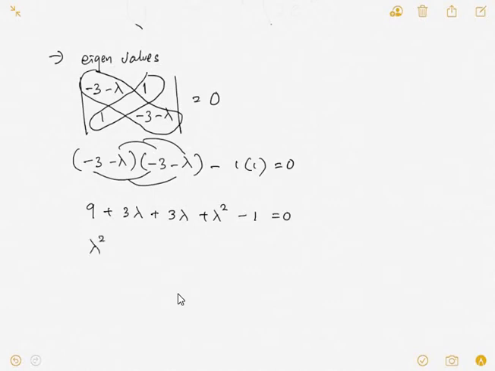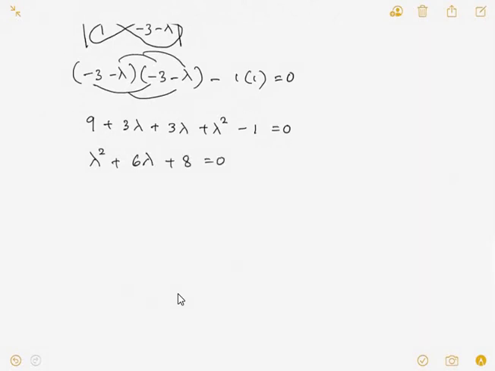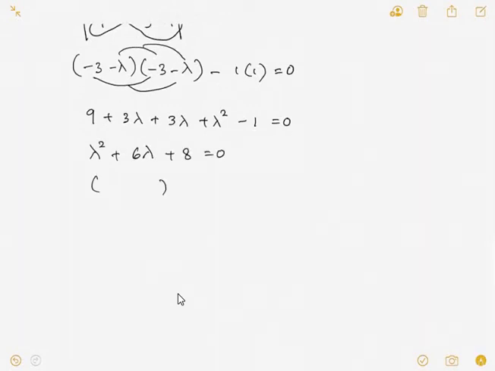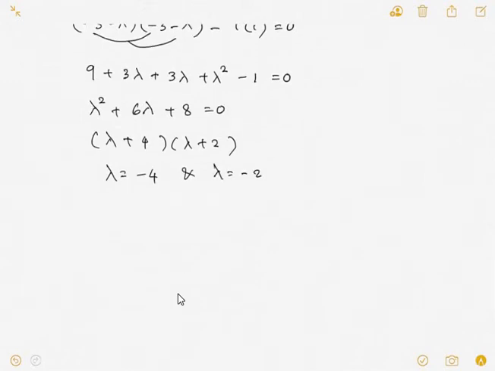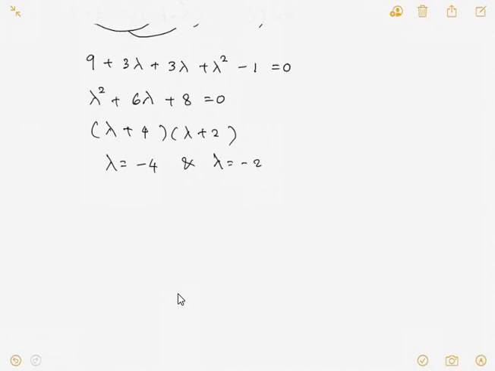After you simplify, you get lambda squared plus 6 lambda plus 8 equals 0, and you factorize it to get (lambda plus 4)(lambda plus 2). So lambda equals negative 4 and lambda equals negative 2. These are the eigenvalues.